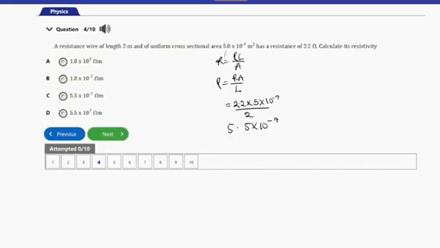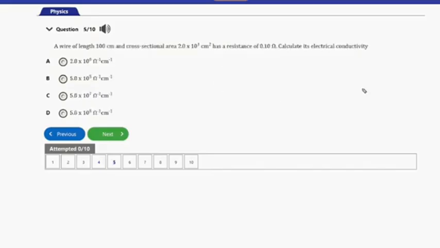So let's go ahead and consider the next question, guys. So that's question number 5 here. It says a wire of length 100 cm and cross-sectional area 2.0 times 10 to the power of 3 cm squared has a resistance of 0.10 ohms. Calculate the electrical conductivity.